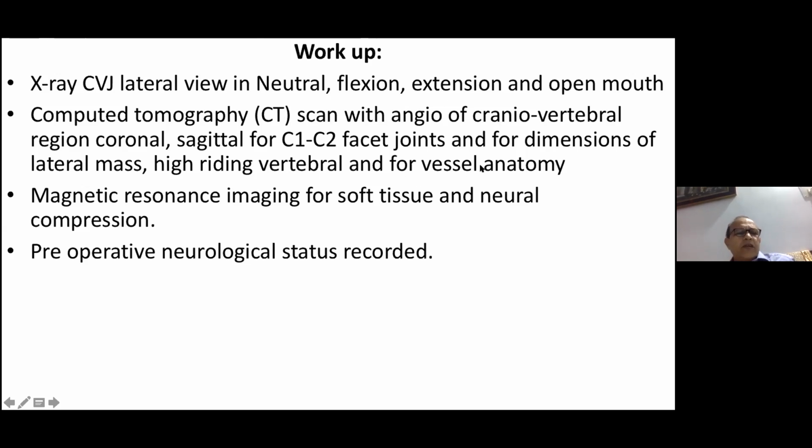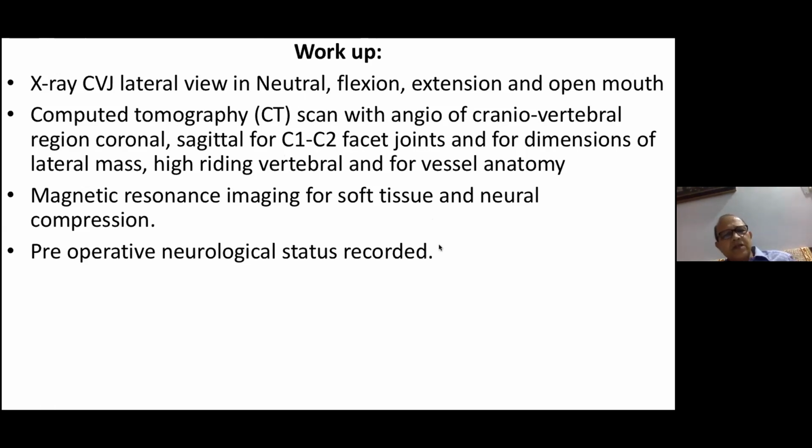So you should take coronal cuts and sagittal cut to find out the status of the facet joint. If these are fused, or if the C2 facet is very small, which does not allow the screws to be put in, then you can use the body of C2 or body of C3 for a screw placement.